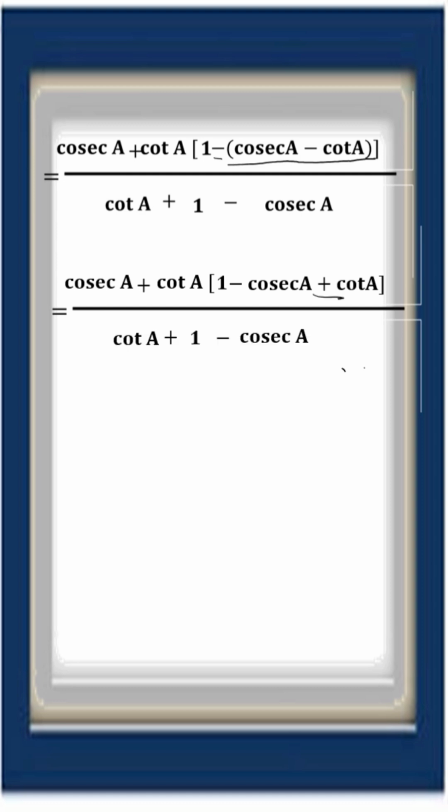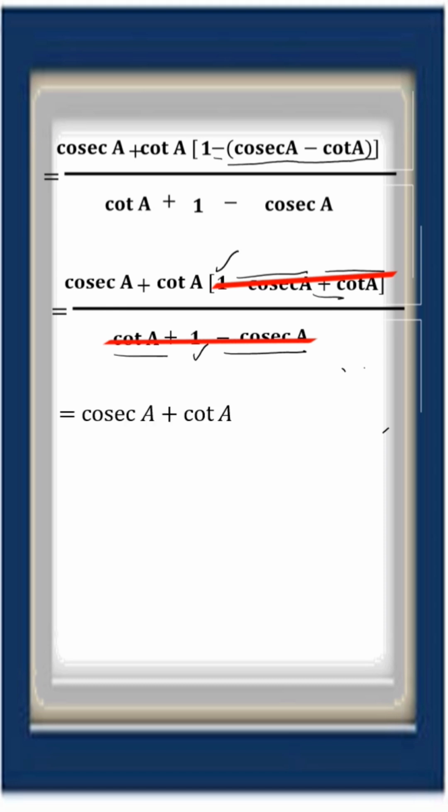Here observe that 1 minus cosecant A minus cosecant A plus cot A plus cot A. So this and this can get cancelled. We are now left with cosecant A plus cot A, which is equal to RHS, hence proved.